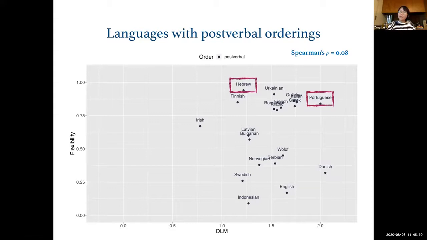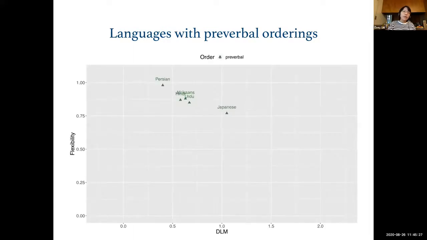So based on these 2 languages, we could say that flexibility and case marking do not necessarily always correspond to each other. The second pattern in the data set are languages with pre-verbal orderings, and there are 5 languages as such. Although the sample size here of languages with pre-verbal orderings is much smaller than languages with post-verbal orderings.